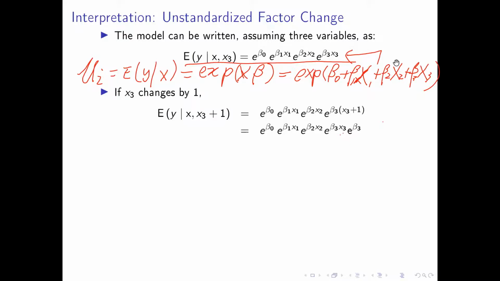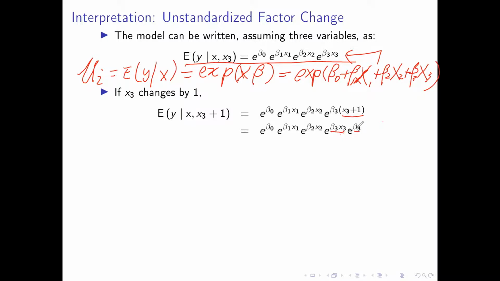And how is that expressed in this formula here? Well, basically, we increase x3 by 1, right? That's it. And we can expand the elements in this parenthesis, and we can use the distributive law. So this becomes beta 3 x3 plus beta 3.